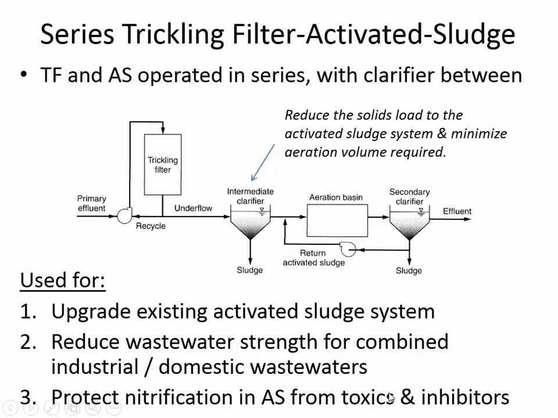The other benefit of keeping them separated, as it's mentioning here, is that you can protect the nitrification from toxics and inhibitors. So this first stage is a little more isolated from the second stage.